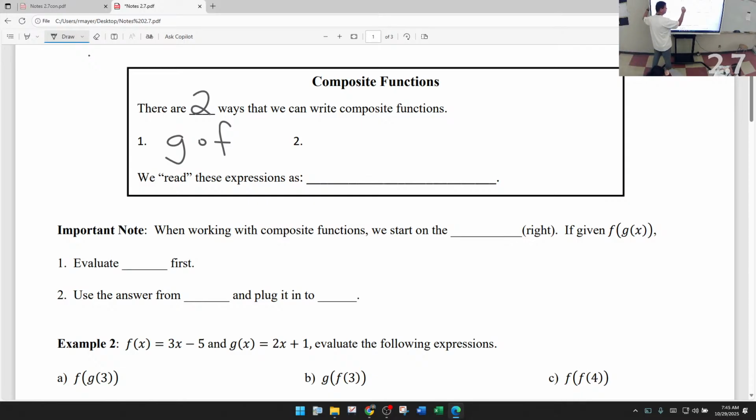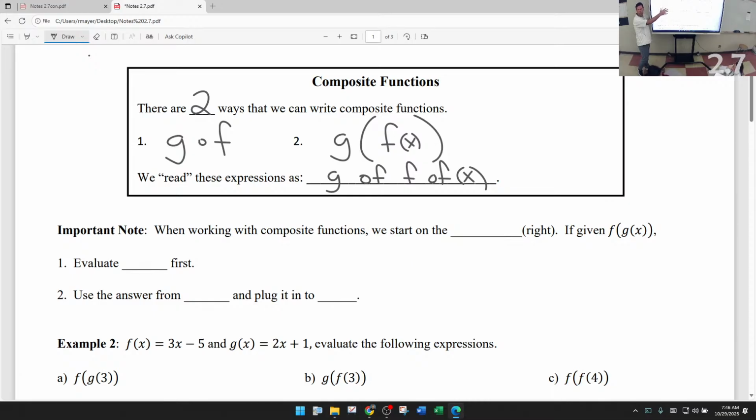And the other way that you will see it is G of F. Both of these functions do the same thing. We read these as G of F of X. This one doesn't put the X with it.